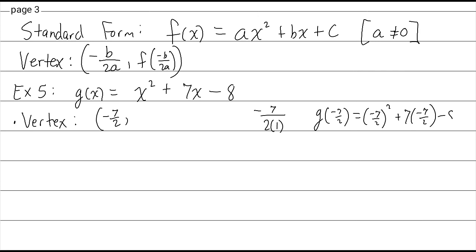Okay, and simplify that. Negative 7 over 2 squared is positive 49 over 4. 7 times negative 7 over 2 is negative 49 over 2. And then minus 8. Let's find a common denominator of 4. 49 over 4. Minus, if I multiply this by 2 over 2, that gives me 98 over 4.